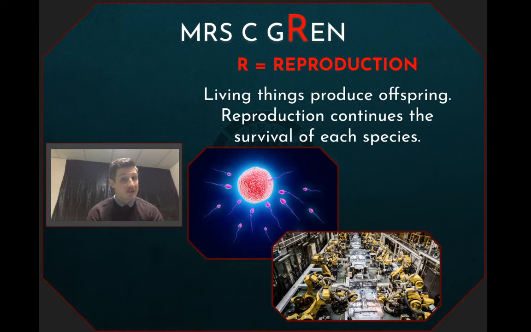All right, reproduction. Living things produce offspring. Reproduction continues the survival of each species. This is the meaning of life for many species on this planet, if not all species, to pass on their genetic information to the next generation. Most organisms do this by using their DNA.